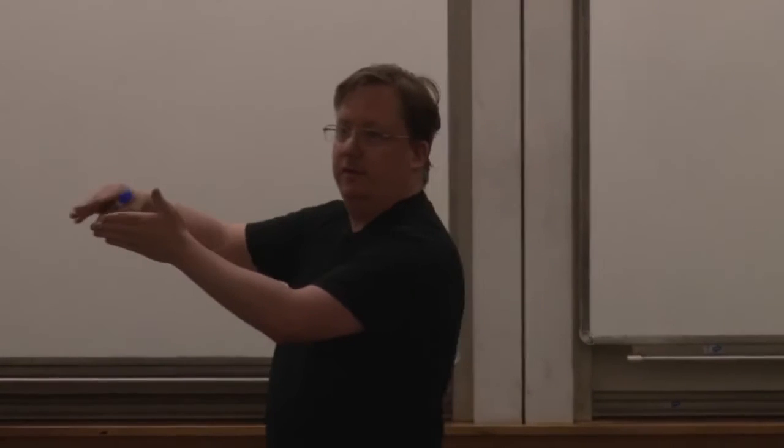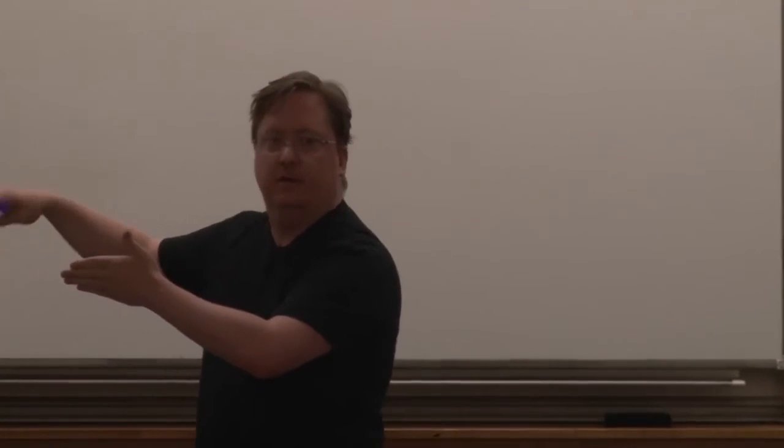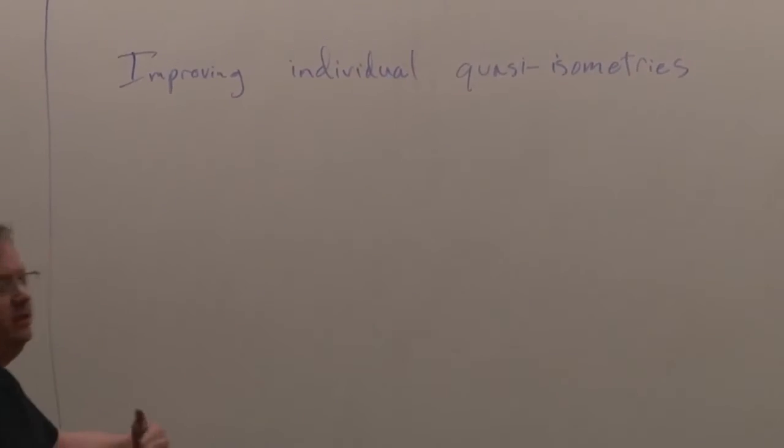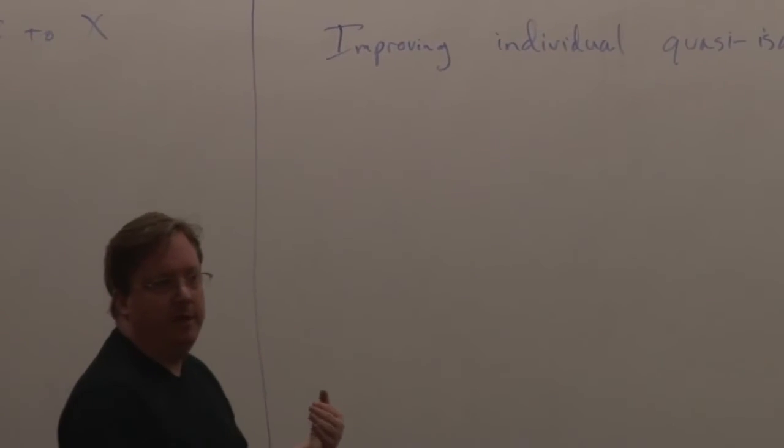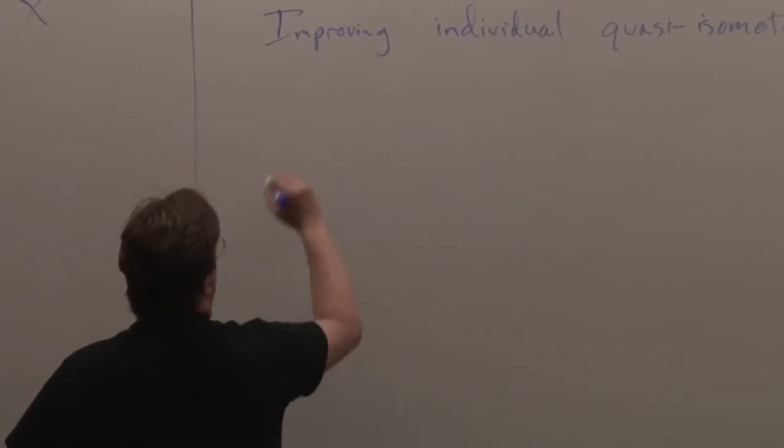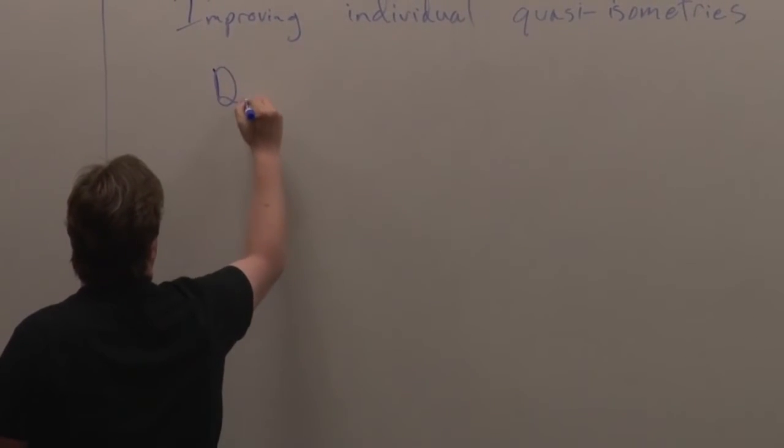It doesn't matter because it all gets swallowed in the less than or equal to something plus C in the inequalities for quasi-isometries. But part of what this means is that we'll generally think of two quasi-isometries that are just bounded distance perturbations of one another as being essentially the same. Okay, so let me write that down as a definition.